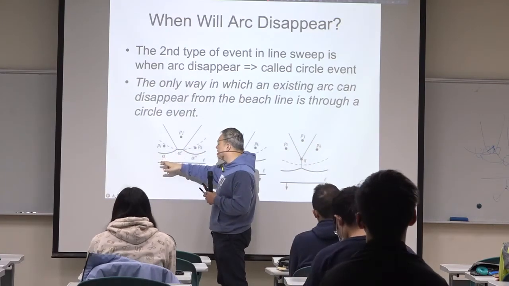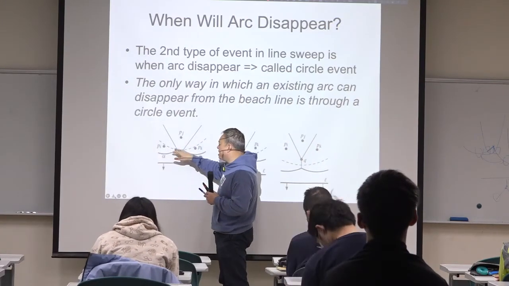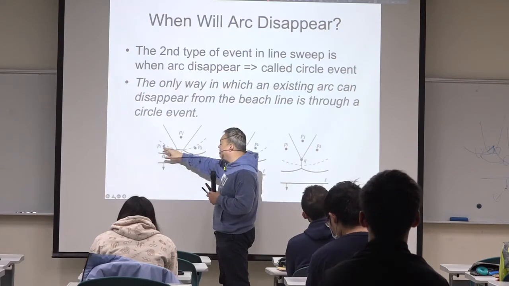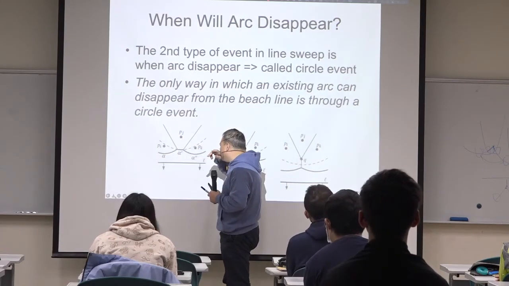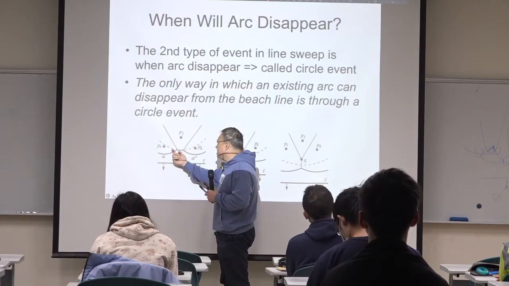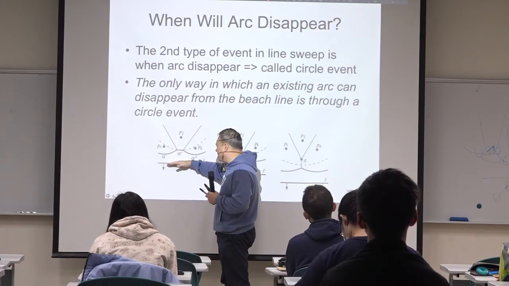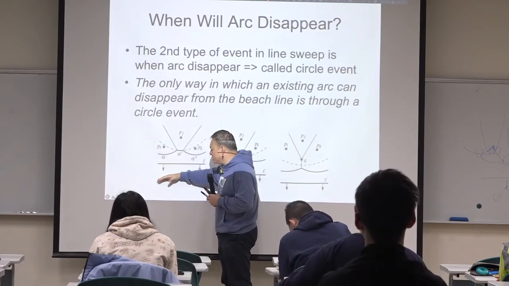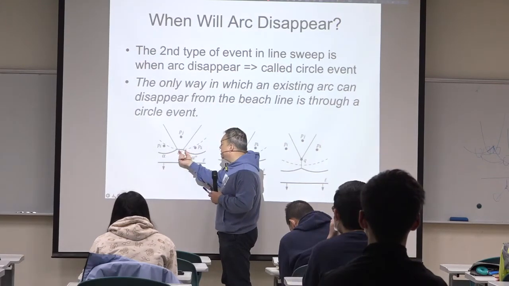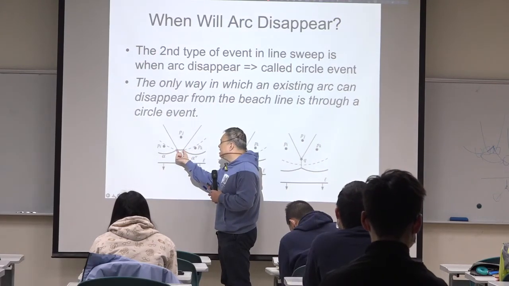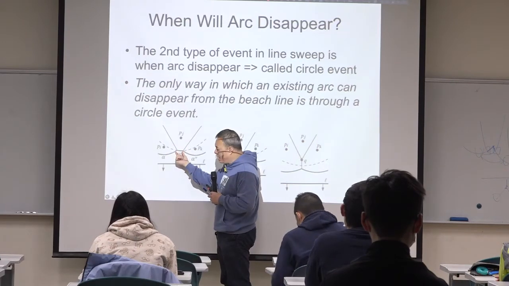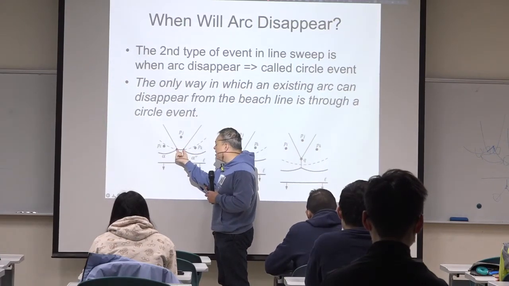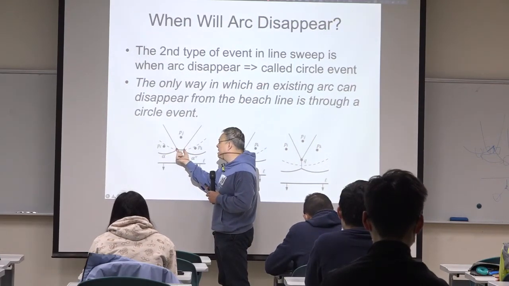Again, let's assume these three consecutive arcs, their sites are Pi, Pj, and Pk. When this line L goes down, we assume that this arc will become smaller and smaller, and eventually it will vanish.